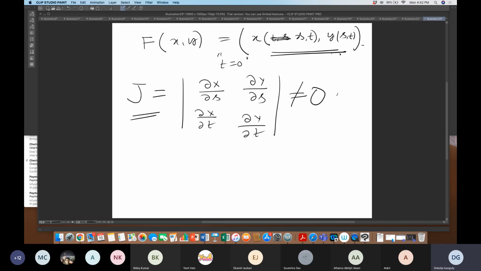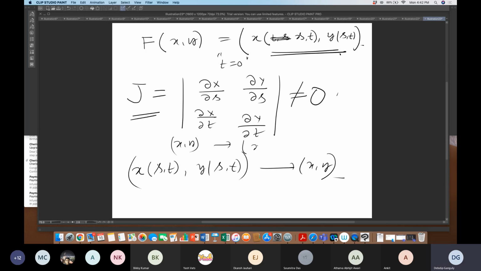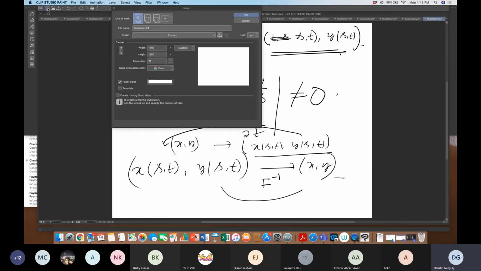If this Jacobian is non-zero, we can invert x of s,t, y of s,t to x,y. You understand? So there is a map, and because we have solved here, you have to convert it here. So there is a map f inverse from x of s,t, y of s,t to x,y, if the Jacobian is non-zero.